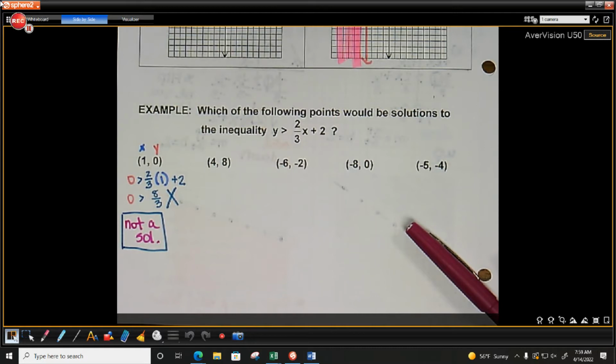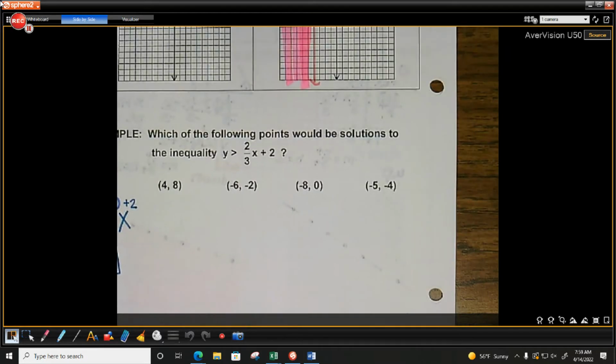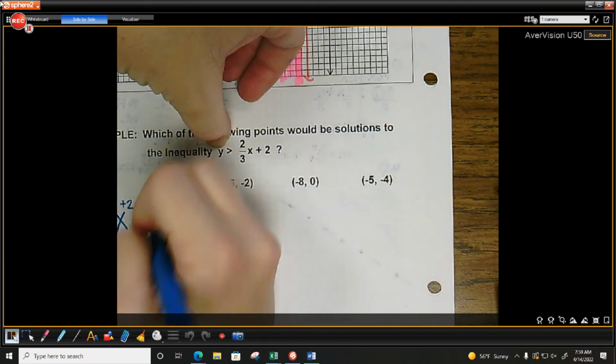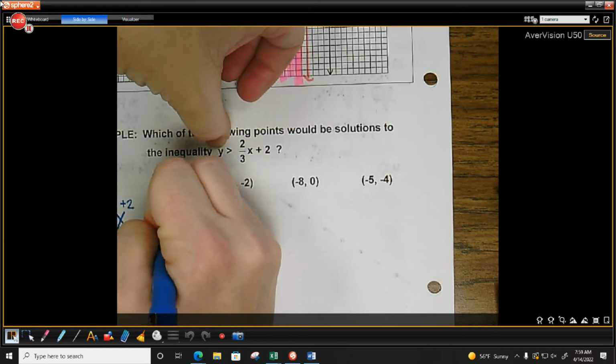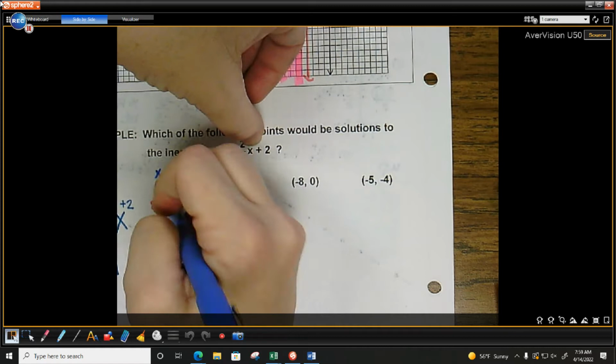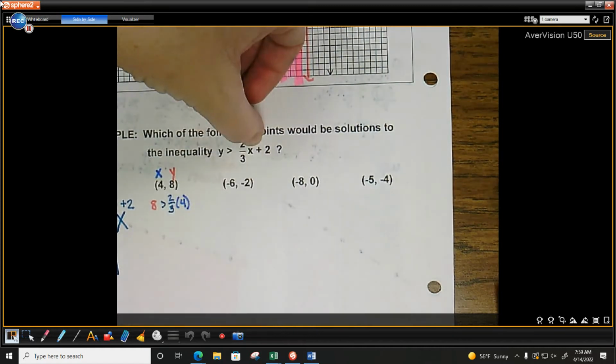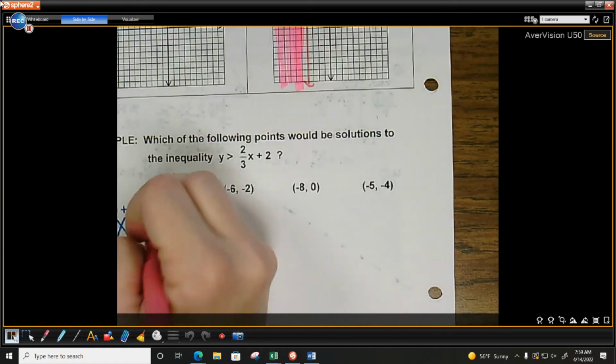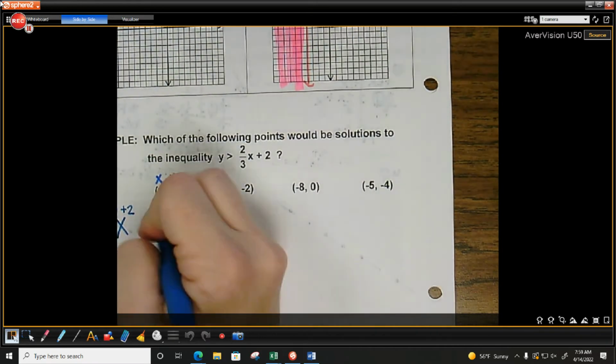Next one. Again, you have your ordered pair. Label it x, y. Rewrite your inequality. Instead of y, what am I going to put? 8 is greater than 2/3 times x, which we just labeled 4, plus 2. Drop down your 8 is greater than, and I'm going to plug the whole right side in the calculator.